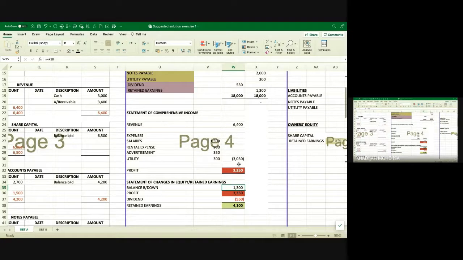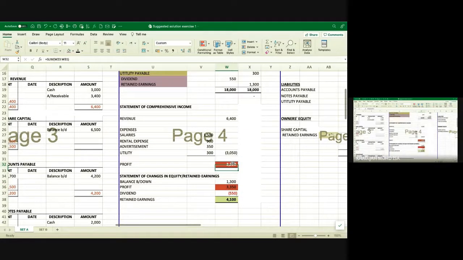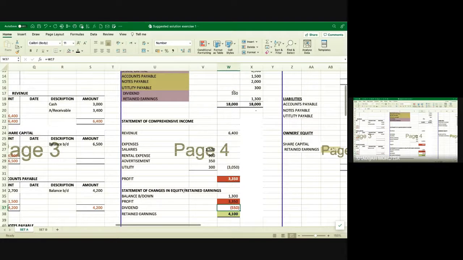So you have the balance of 1,300, and then you have a profit. Whatever profit that you have here is transferred to your statement of retained earnings, or changes in equity. And you also have a dividend. Remember, you paid a dividend here. So this one is the opening balance, retained earnings, and your dividend.